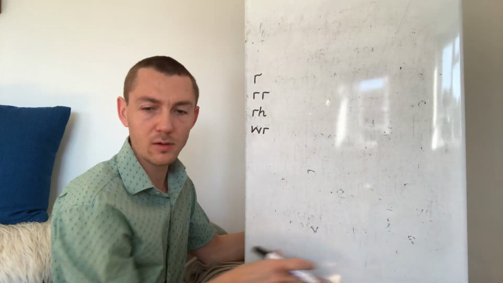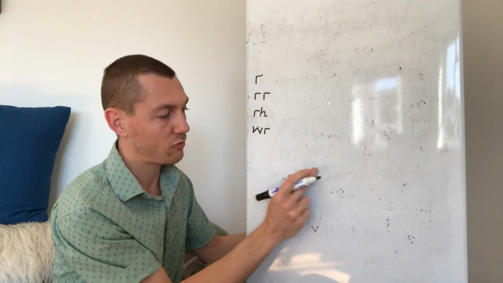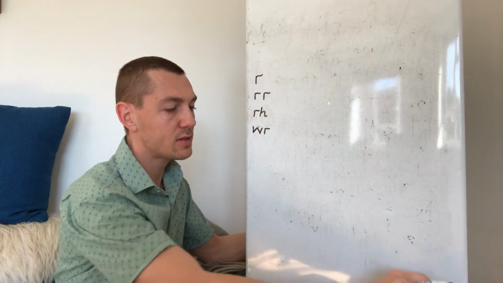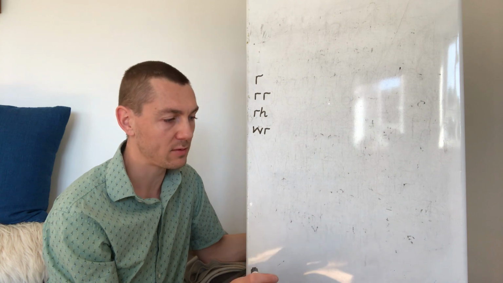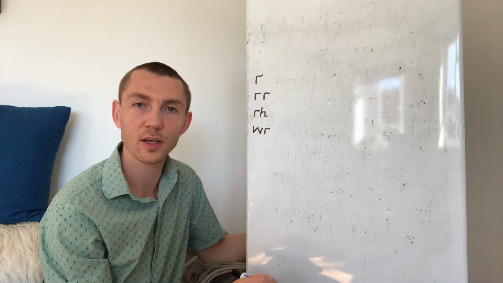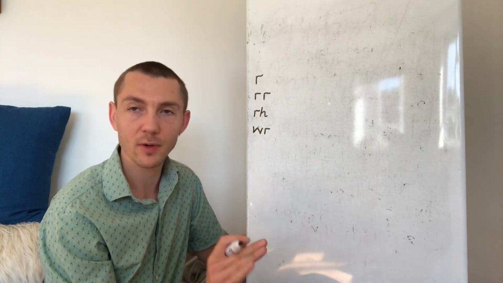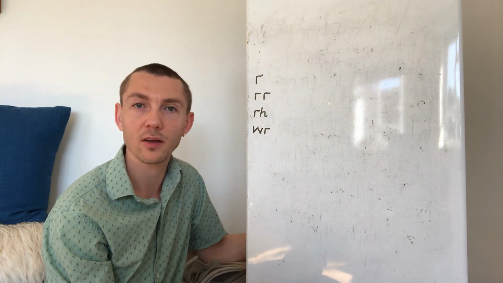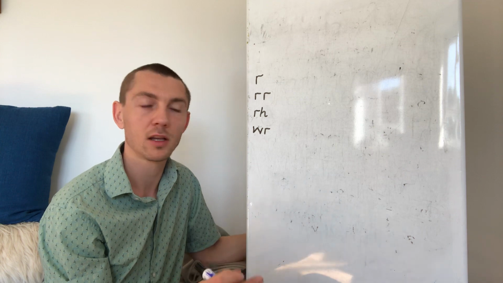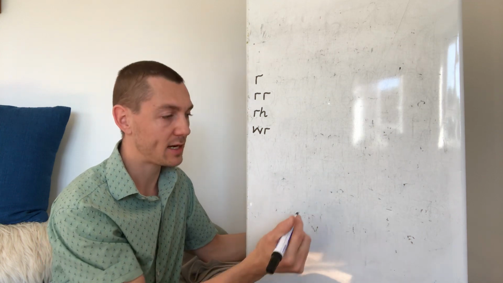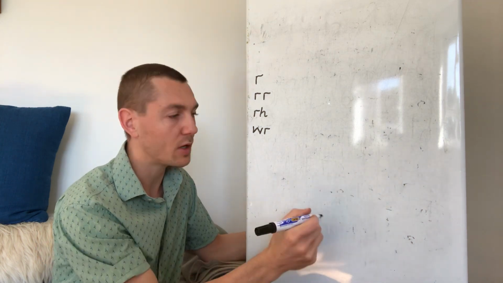Okay, so let's try and use that to spell the word berry. Now I won't give you the sounds. I want you to try and spell the word berry, bearing in mind what we just said about that double R spelling, okay? So two syllables, berry. I'm going to say the sounds, and let's check what you've got.